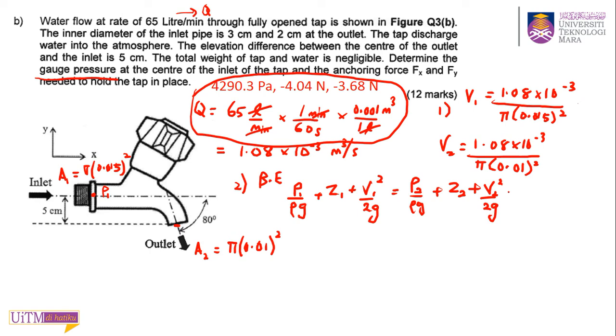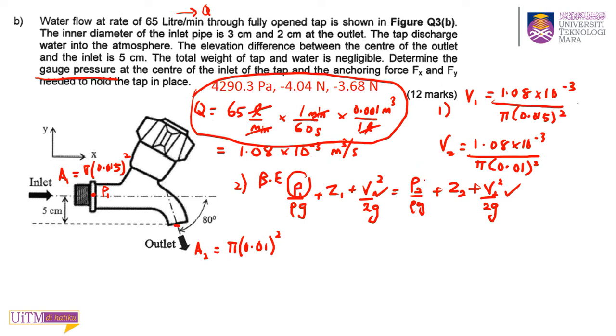Okay, so you have your V1 and your V2, and you want to find P1. And what is the P2? What's the value for P2?